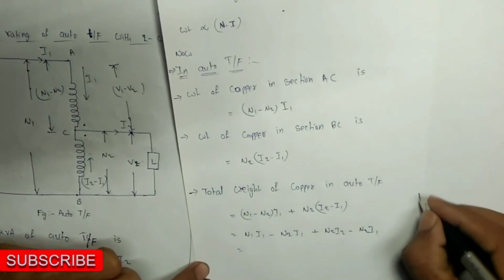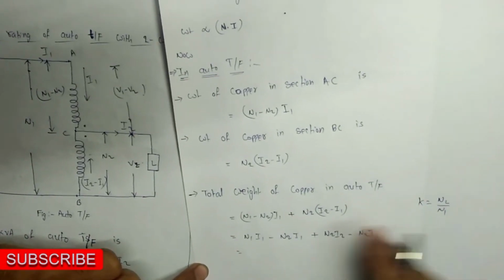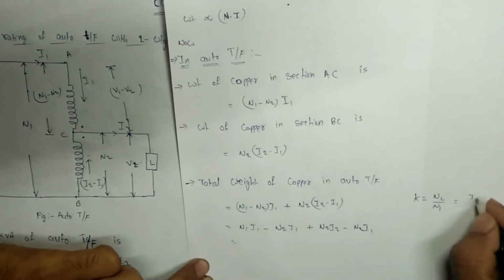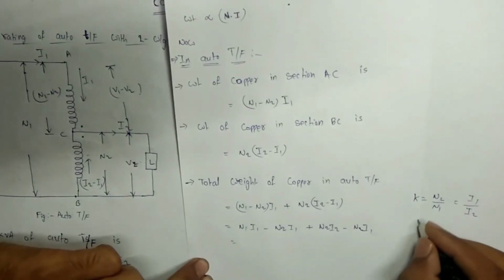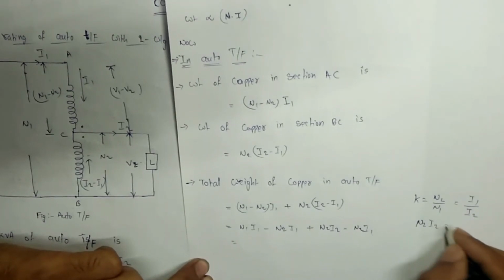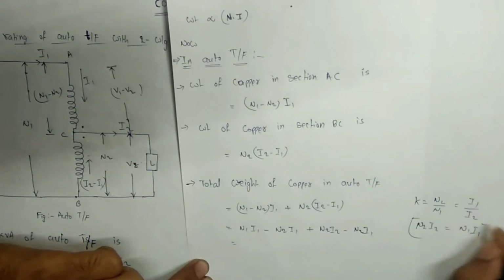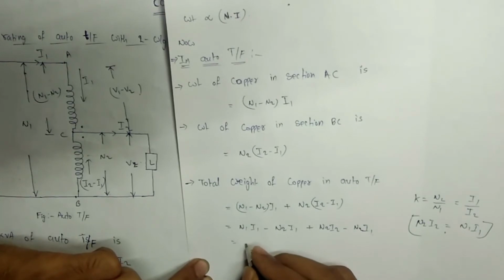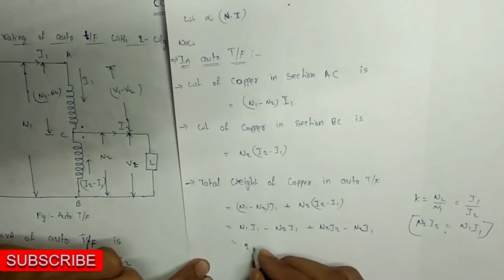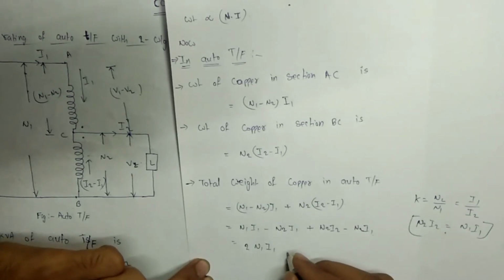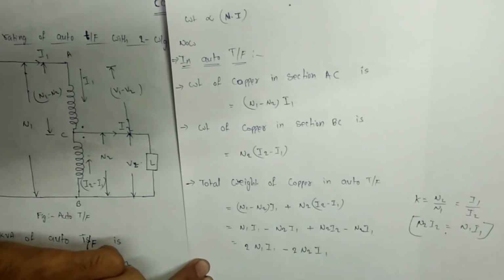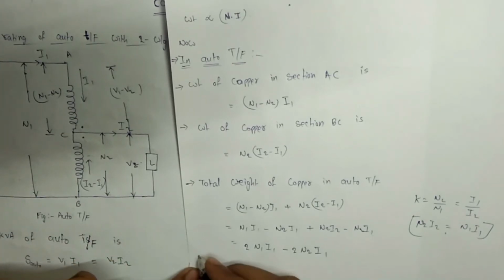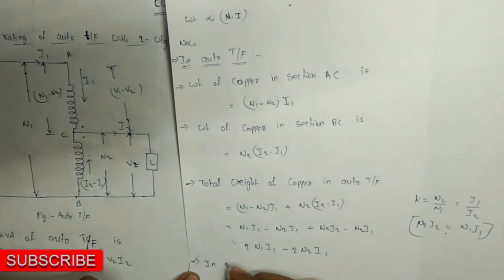We know transformation ratio K equals N2 by N1 equals I1 by I2. From this N2 I2 equals N1 I1. By substituting this value in the equation, we get 2 N1 I1 minus 2 N2 I1.